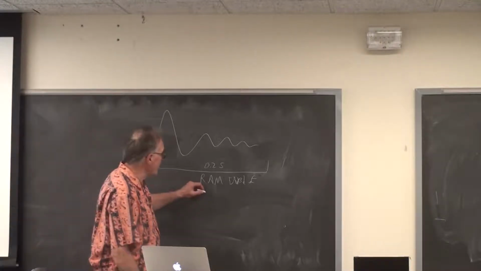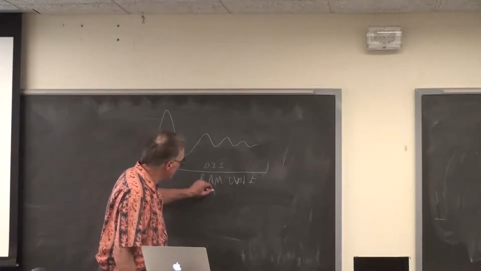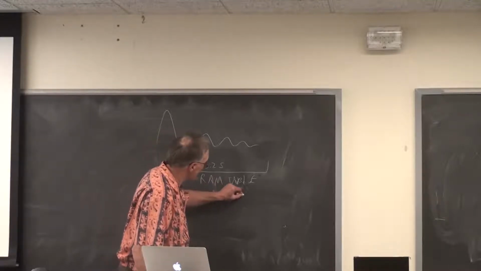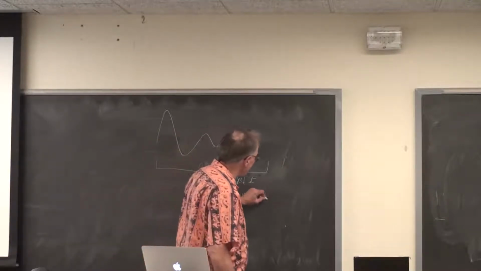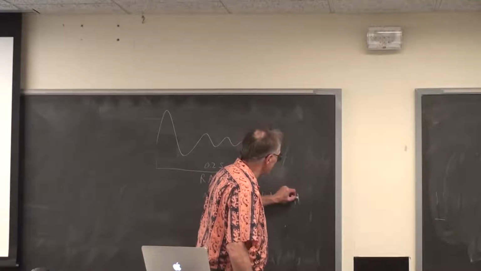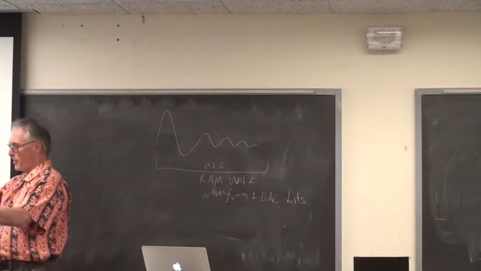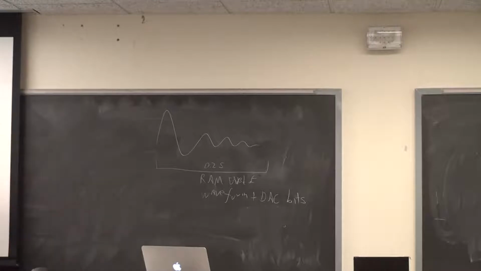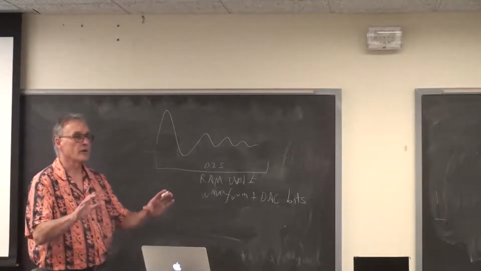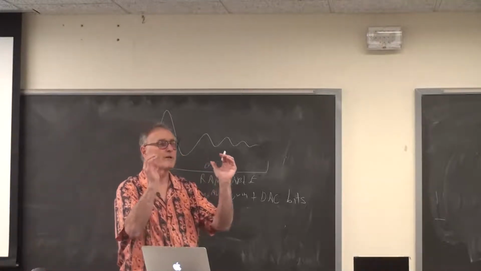So this is going to have to be the waveform plus the DAC bits. So you're going to preform the SPI words that you're going to send to the DAC so that they're completely formatted and ready to send.